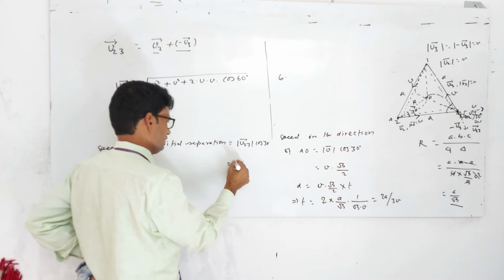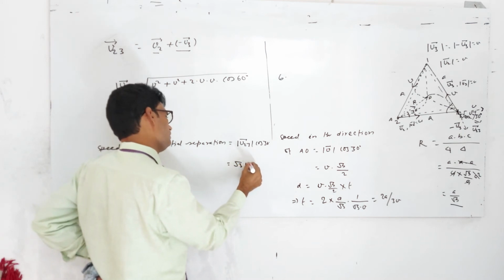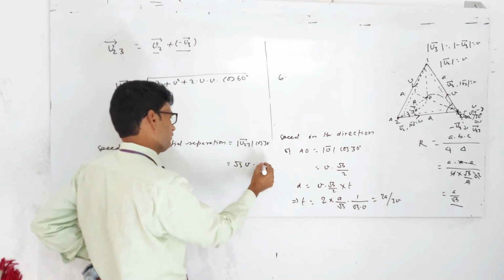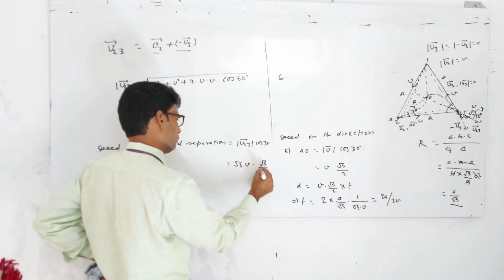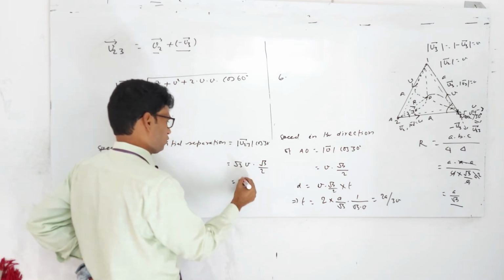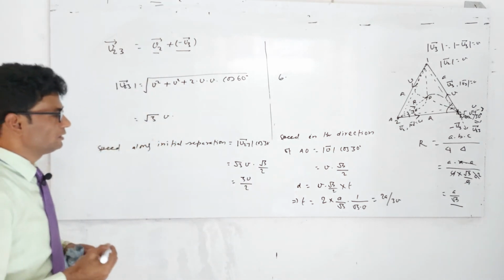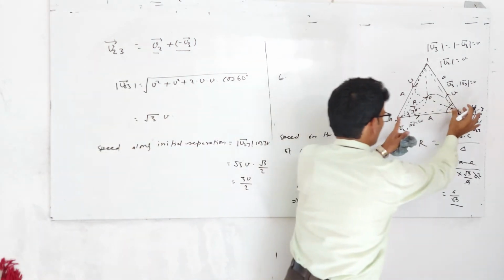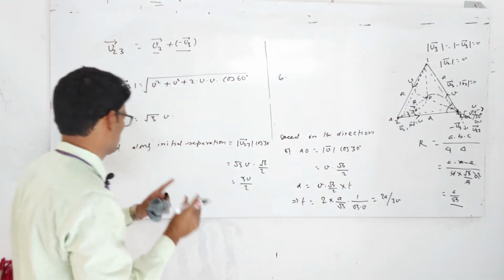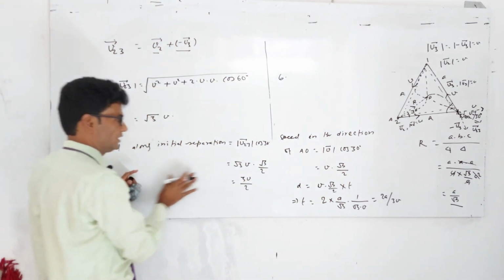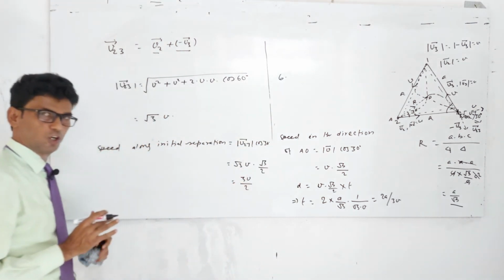So here, this is root 3 into V cos 30 degrees, and we all know cos 30 is root 3 over 2. It comes out to be 3V over 2. Now the initial separation is A, and the speed in the direction of initial separation is 3V over 2.